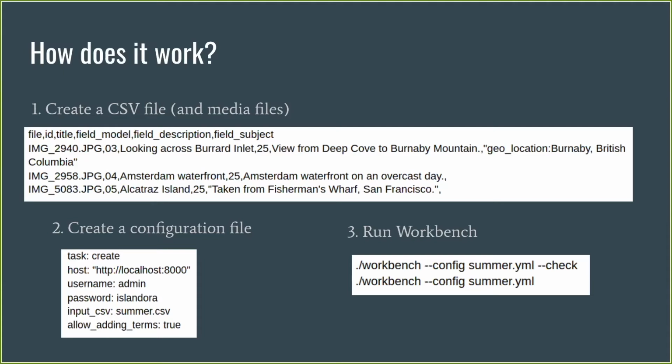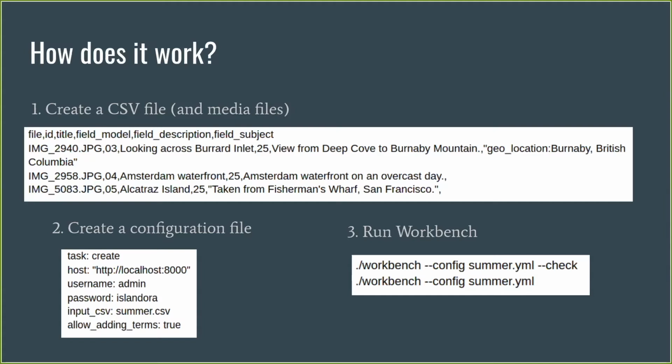There are a number of field types in Drupal that require a little bit of structure in the CSV data that you're populating them with, because those field types require more than just the taxonomy term label. They require other things, and this is an example of that. So you have a CSV file, and let's assume that that's kind of straightforward and standard, apart from the weird conventions that Workbench enforces on you to represent complex data.